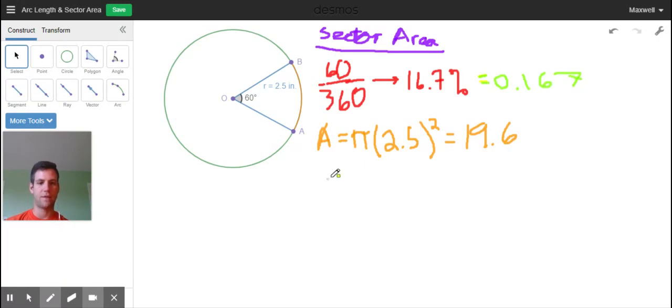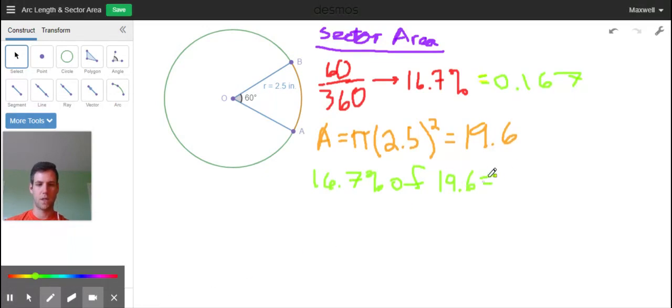And then I can find 16.7% of 19.6. And that would give me the area of my sector. And that would equal about 3.3 inches squared for the area of this little pie slice sector.